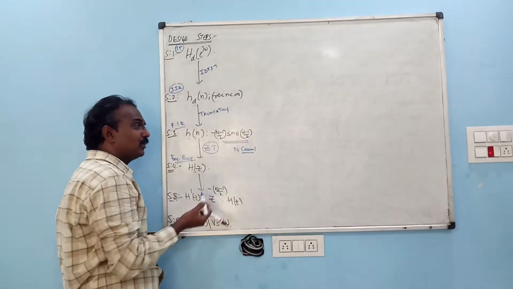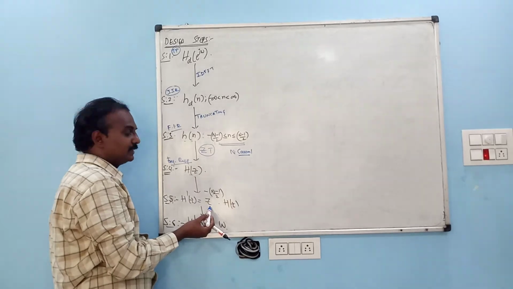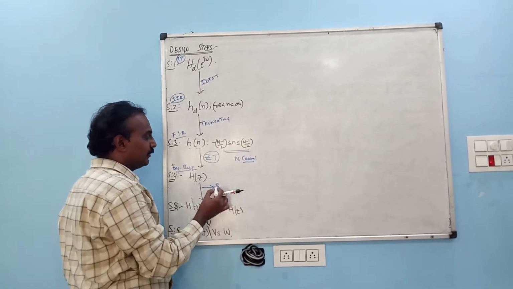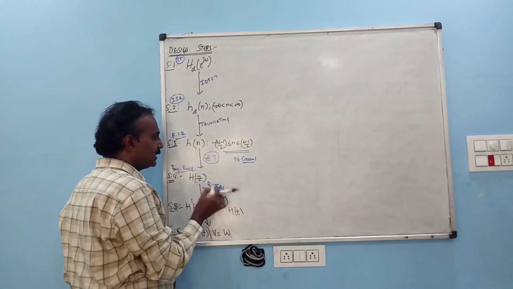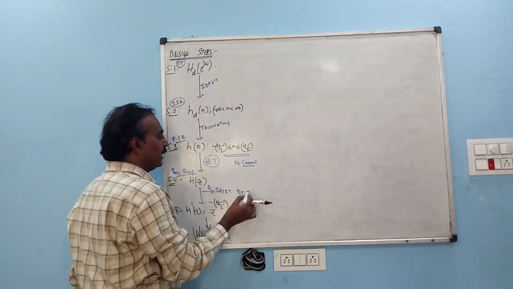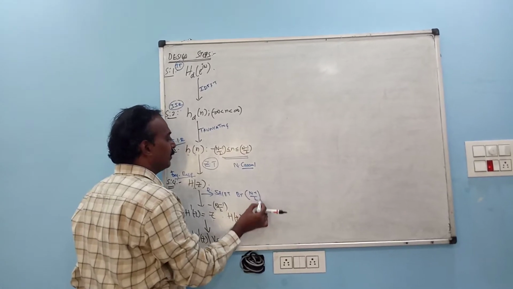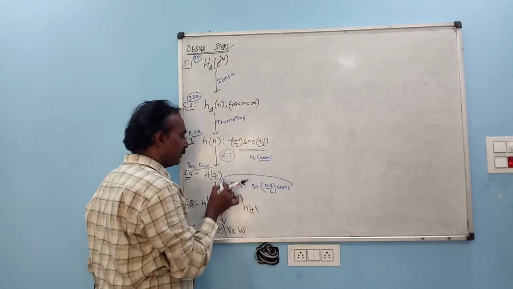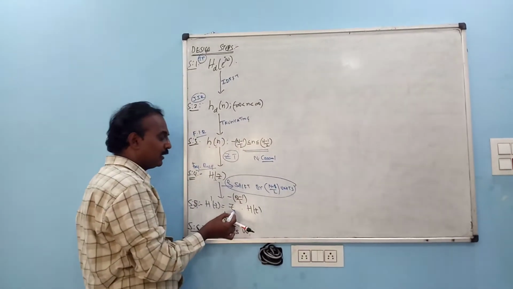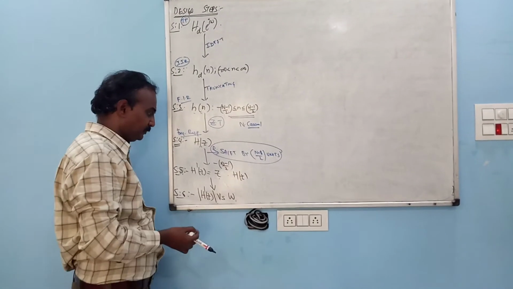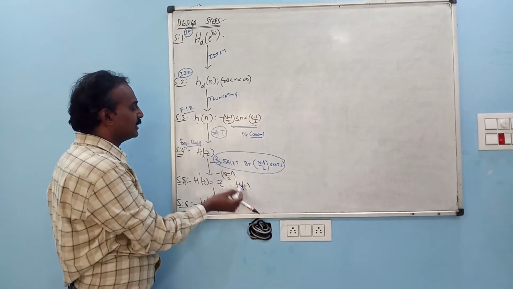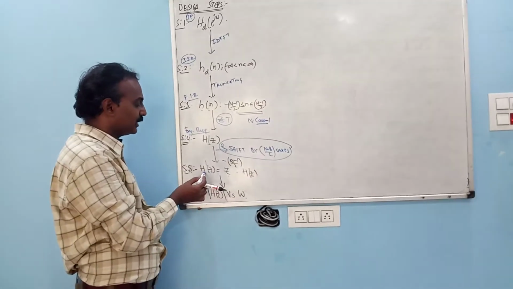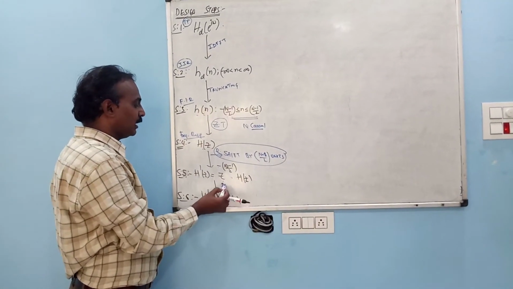Shifting by (N minus 1) by 2 units in the time domain is nothing but multiplying by z power minus (N minus 1) by 2. Whatever is multiplying this transfer function or frequency response, if I assume it as H dash of z, the last step is that we are trying to plot.